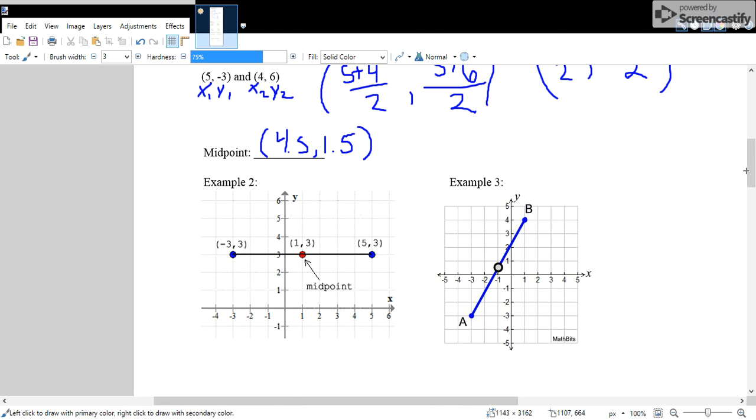Let's look at example 3. This one does not have the coordinates labeled, so let's label them. We have -3, -3, and b is 1, 4. So let's plug those in. 1 minus 3 over 2, and 4 minus 3 over 2.